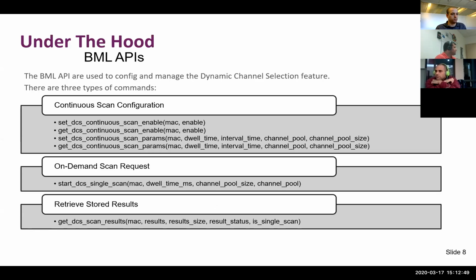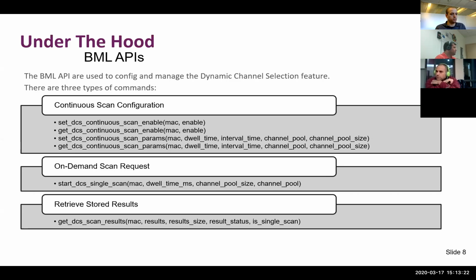So all of these commands here are prefixed with the BML underscore, but I removed that for easier display. So the interface provides you can set and get the continuous scan enable, and of course set and get the params mentioned: dwell time, interval time, channel pool, and channel pool size. The params configuration is per radio interface, just to be clear on that.